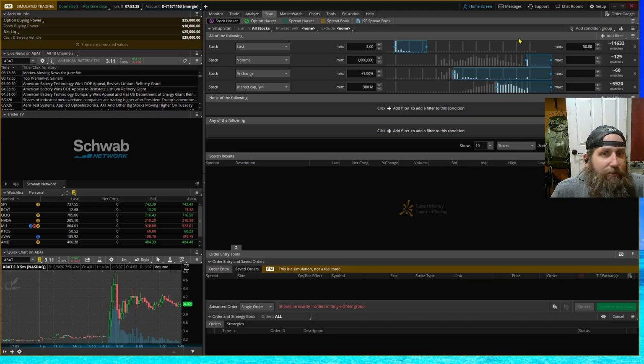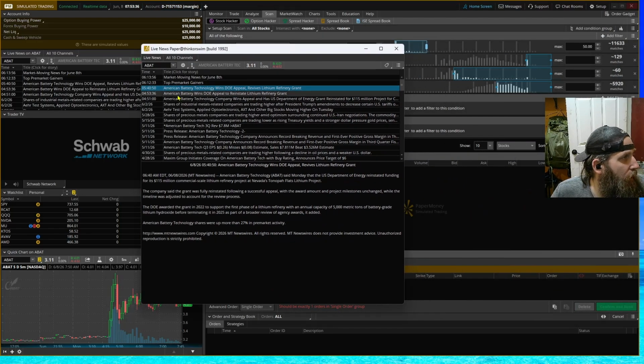So looking at this, why are we using it? It has a scanner built into it. I did a little work. We're going to be using that scanner to narrow down what stocks we're looking at. Some early morning research does have American Battery Technologies on our radar. And why is that?